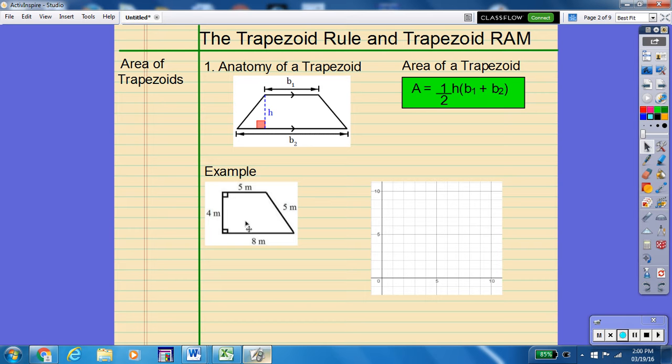And I have here an example so we can get started with working one out that has numbers. This particular trapezoid is a right trapezoid because the left side of it happens to be perpendicular to the bases. So really that left side becomes the height of the trapezoid.